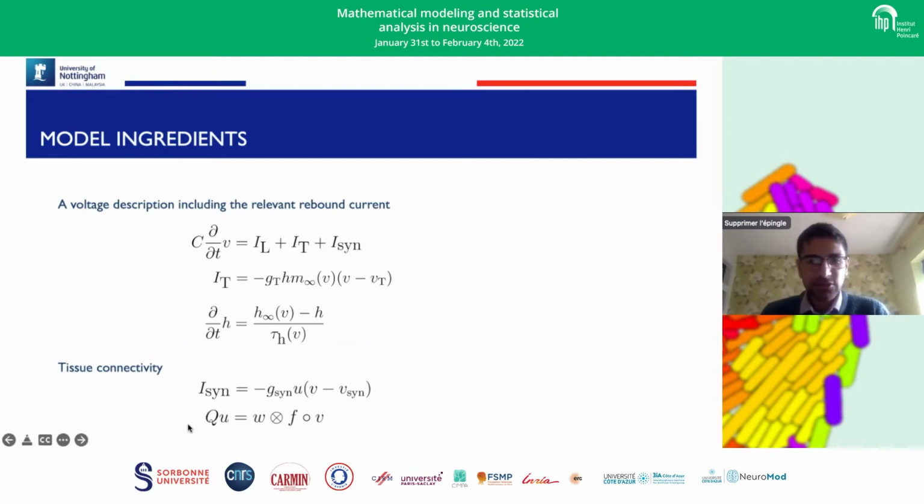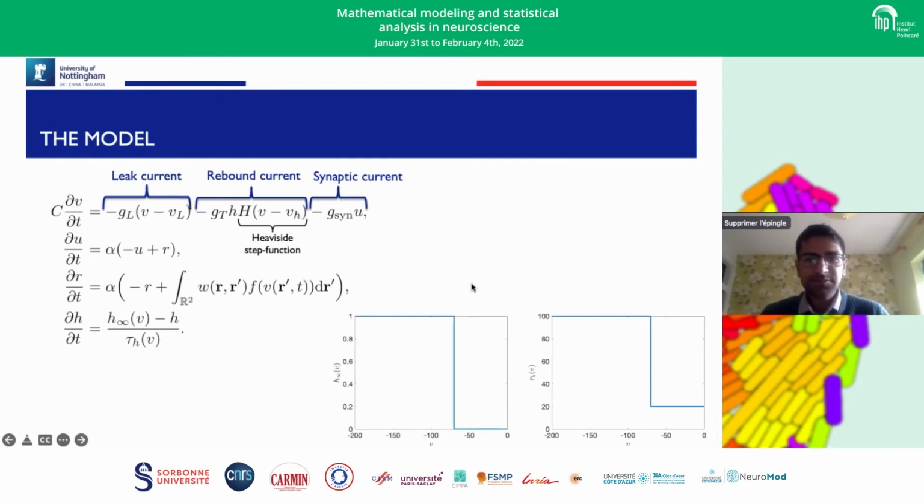So what we do is we take the neural field approach, which I spoke about towards the beginning, and instead of composing the firing rate function with the neural activity U, we compose it with some function which describes the voltage envelope profile of thalamic tissue. And in that voltage envelope profile, we can include a description of the T-type calcium rebound current, which is given here. So in this way, we get our model.